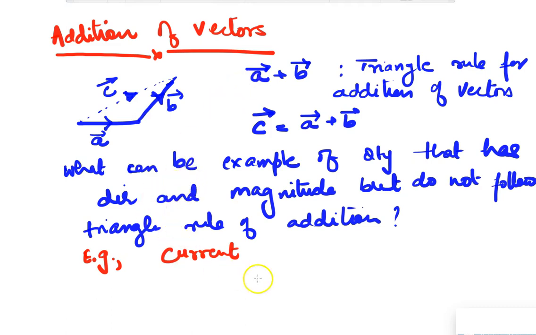What rule does it follow? So there is a rule called Kirchhoff's law, which the addition of current follows, and hence the current is not a vector quantity. So to summarize, a quantity is called a vector quantity if it has a magnitude, direction, and it follows a triangle law of additions.